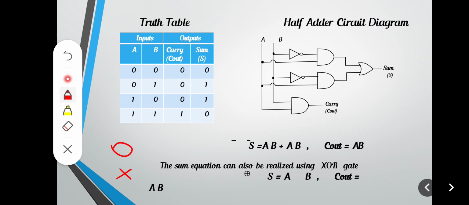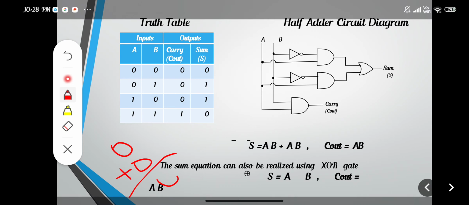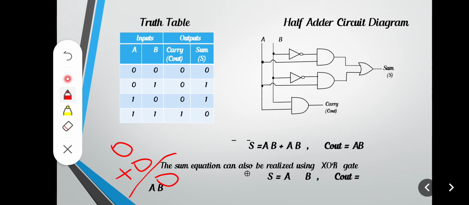0 plus 0 is equal to 0. That means whenever a and b are equal to 0, then the sum bit and the carry bit are both 0. Similarly, 0 plus 1 is equal to 1.